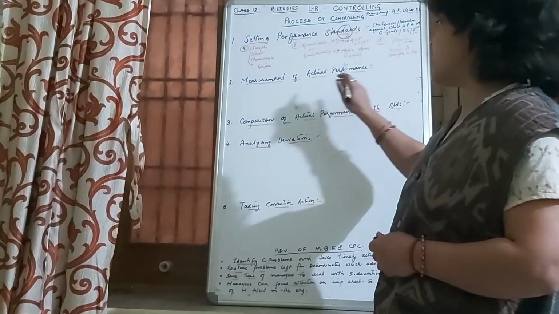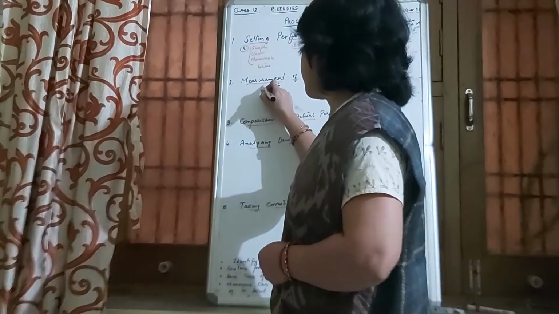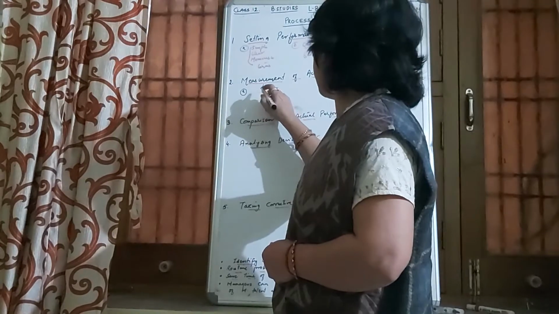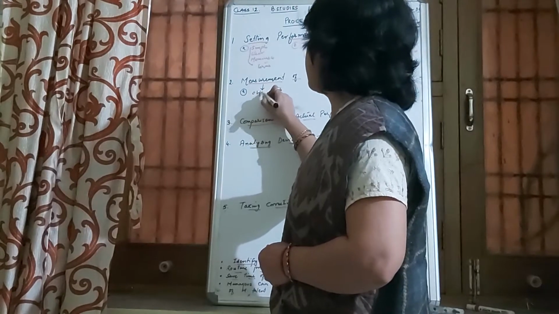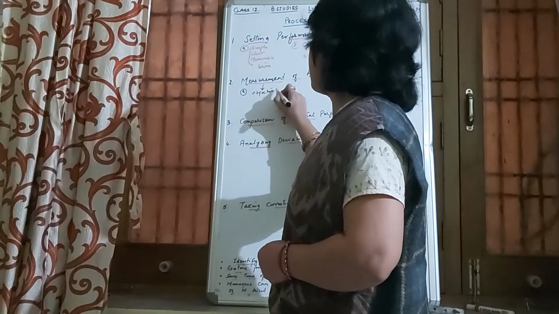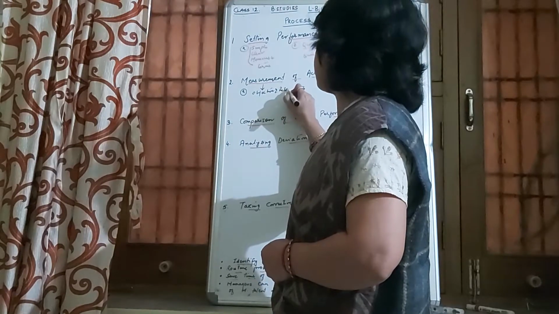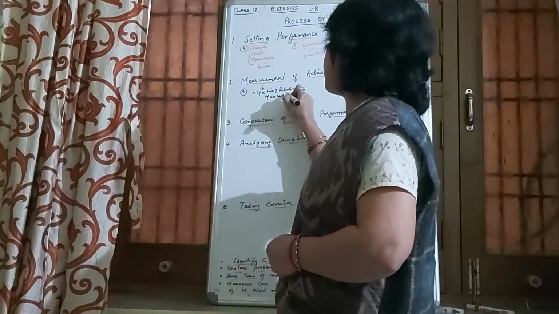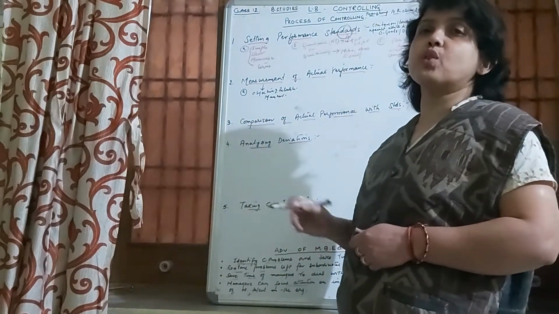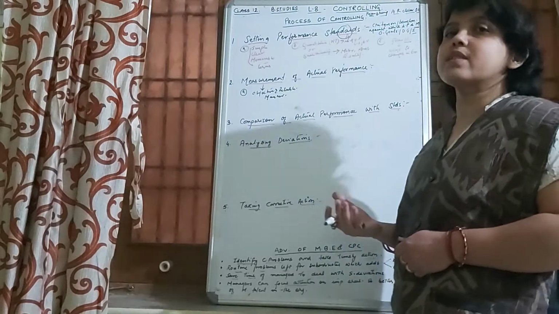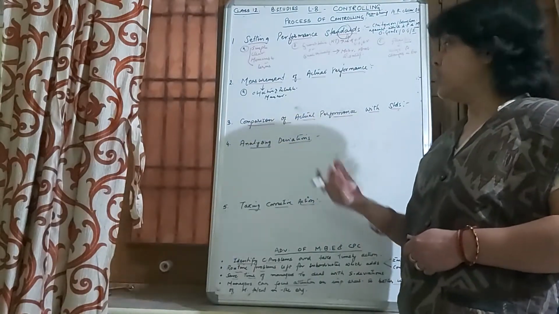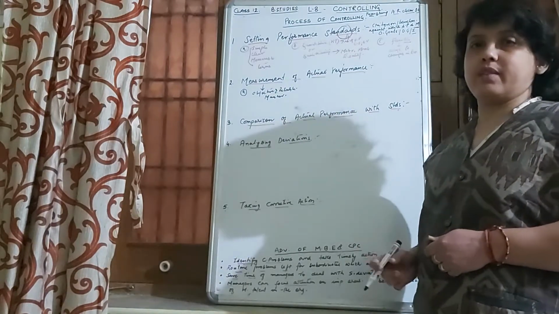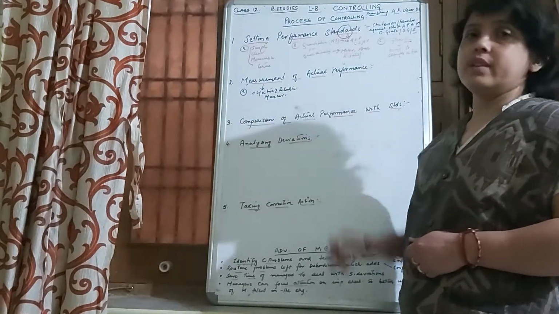While measuring the actual performance, measurement should always be done, first of all, in an objective and reliable manner. Then only the measurement will be correct, free from all bias and prejudices, and always in a logical and rational manner. That is objective and reliable manner.